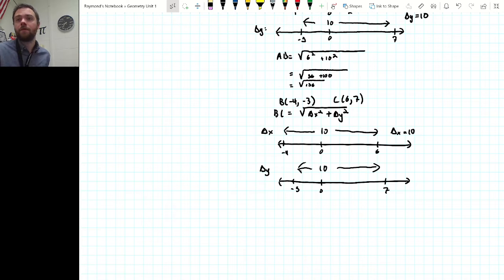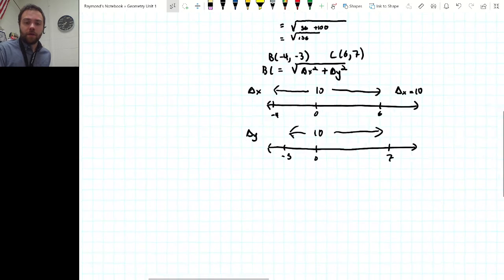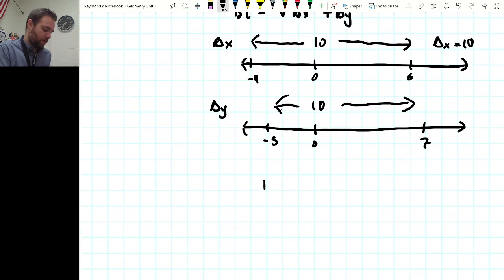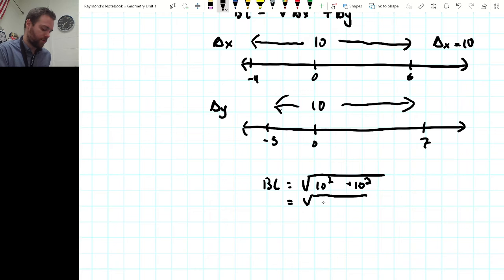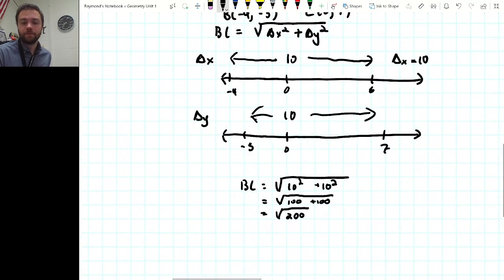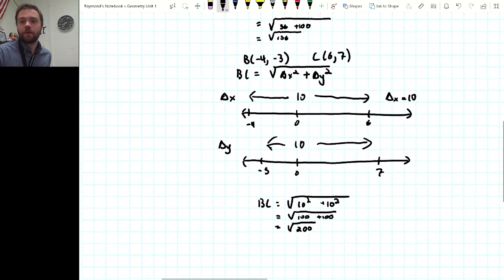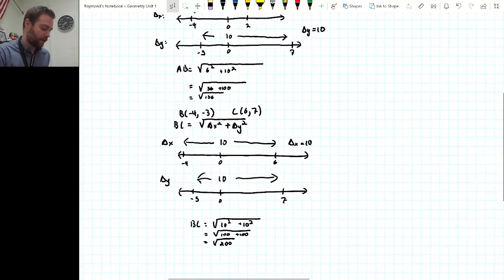Okay? So what I've got here is BC is going to equal the square root of 10 squared plus 10 squared, which is the square root of 100 plus 100, which is the square root of 200. And since I've got all my numbers together, I can go ahead and add them up.